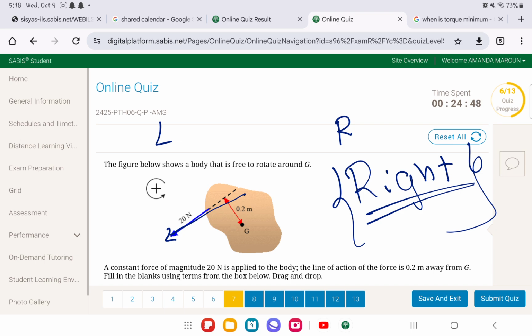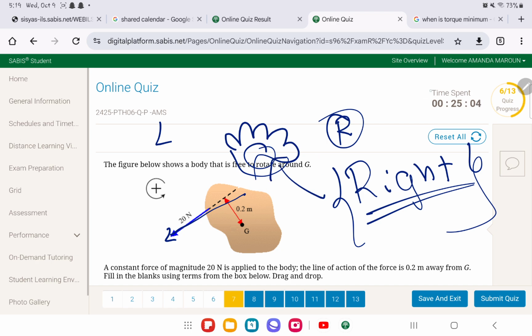So you take your right hand, you put it on the force, and the inside of your hand. Let me draw a hand. I know it's a bad hand, but this is our hand, okay? You take the inside of your hand, the palm, the side where you see the veins.